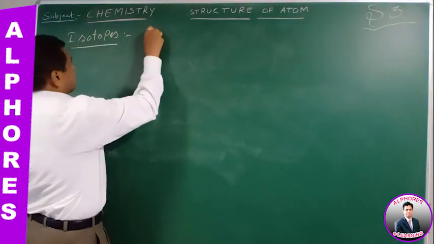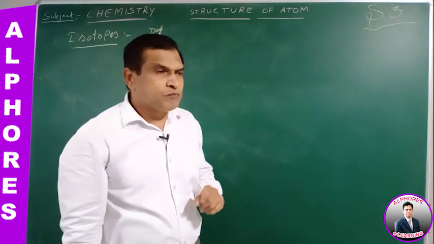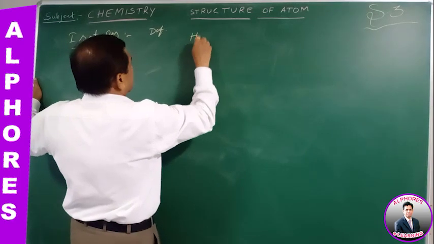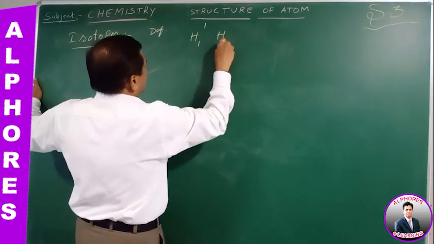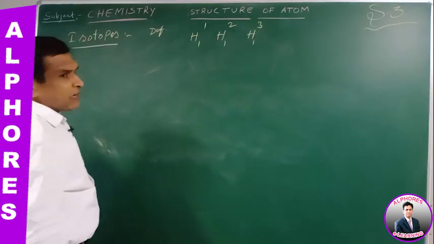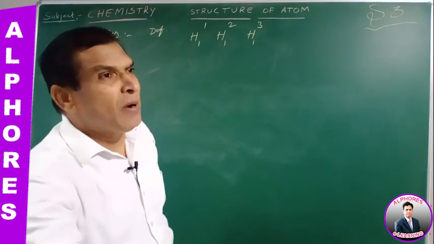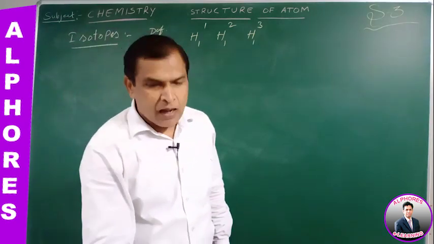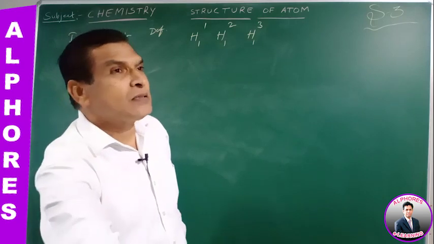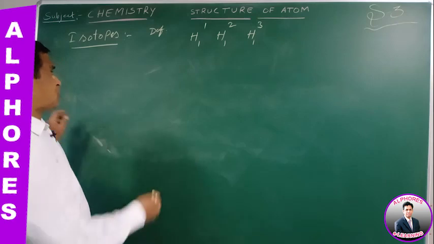Atoms of the same element, for example hydrogen-1, hydrogen-2, hydrogen-3, having the same atomic number but different mass numbers are called isotopes.